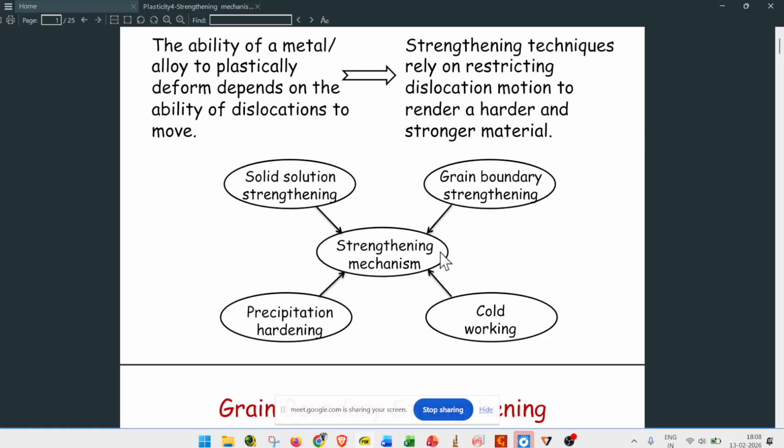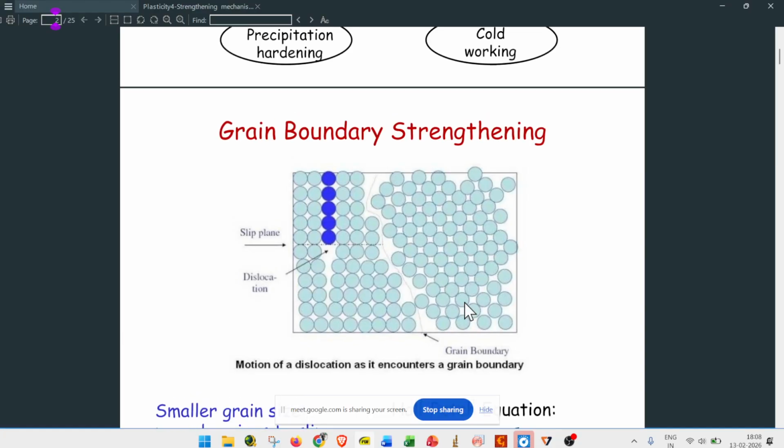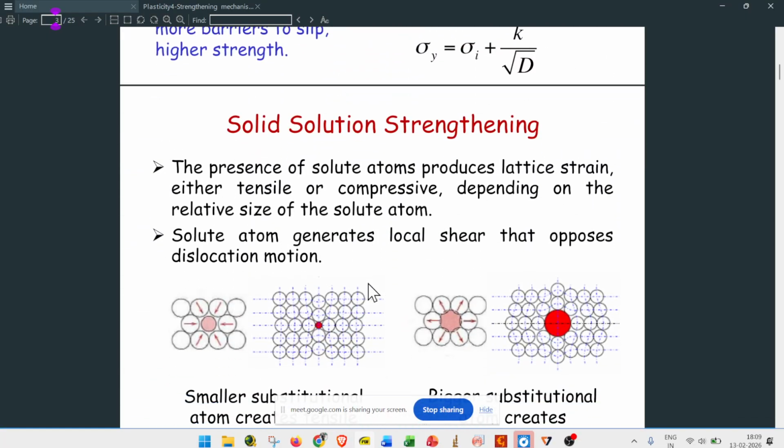We have seen how dislocations are generated and how they move, and how grain boundary strengthening happens. The first one is solid solution strengthening. Here we replace a single atom with another atom that is bigger or smaller than the parent matrix.